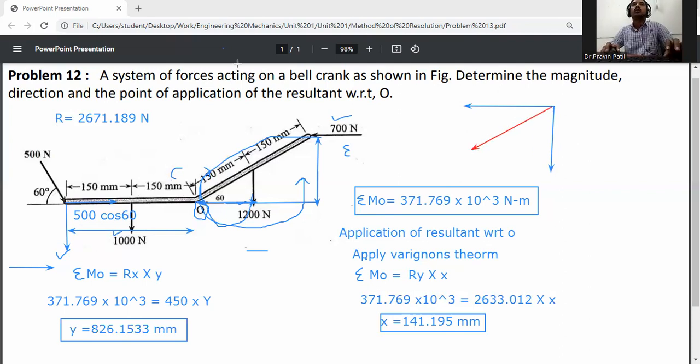R is equal to 267.189 Newton, and the direction angle is 80.30.